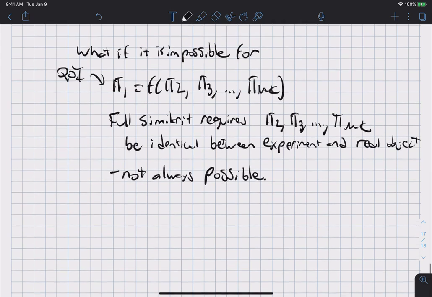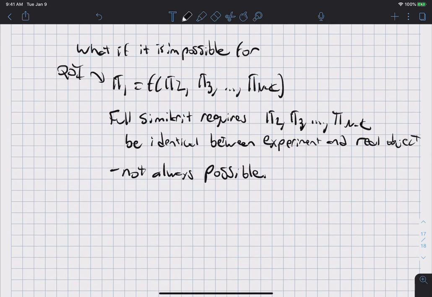The reason is that maybe you can match, say, pi 2, but if you match the velocity condition determined by pi 2, then you need pi 3 to determine a density, which is going to determine the fluid in the experiment.